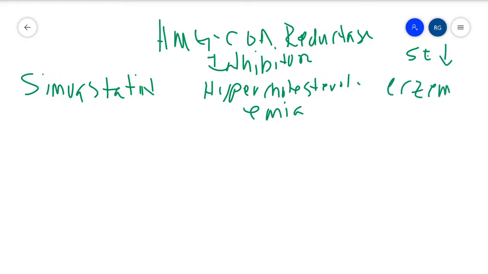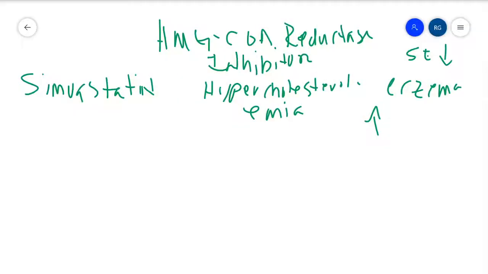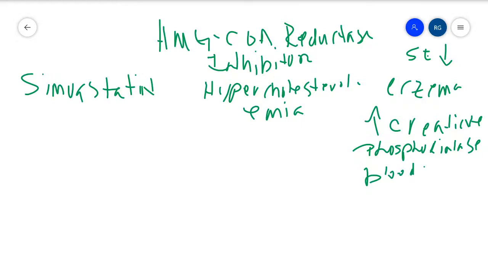Eczema. Increase creatine phosphokinase in blood serum. Sorry if you may not be able to read it, but if you can hear me, you should be able to know what these are.